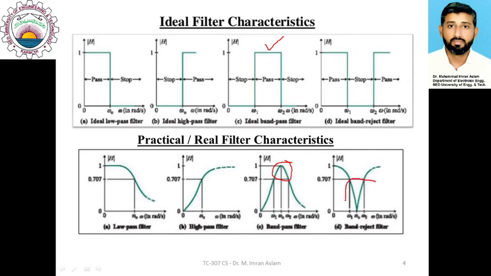You can see this is the stop band of the filter, but the response does not have any sharp cutoff values omega 1 and omega 2. Rather, the response is gradually changing to depict that band reject response.